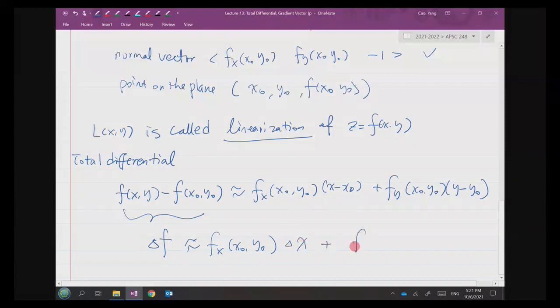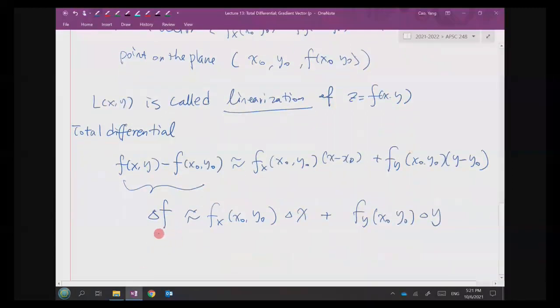And then the next one, fy(x₀,y₀): you're initially at a y₀ value, and then you end up with a new y value, so you have a delta y. So that gives you a new expression.